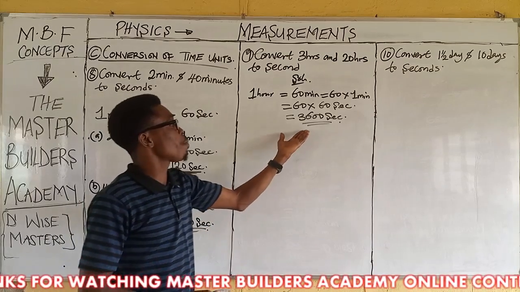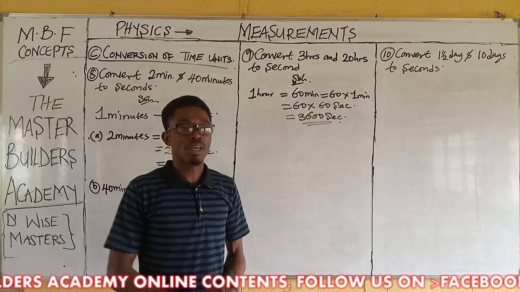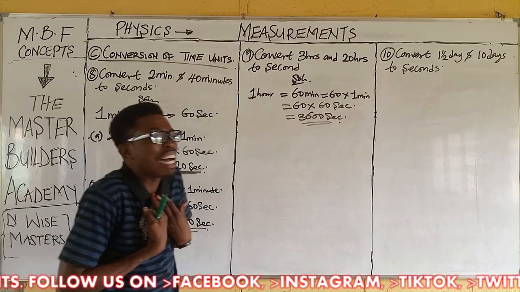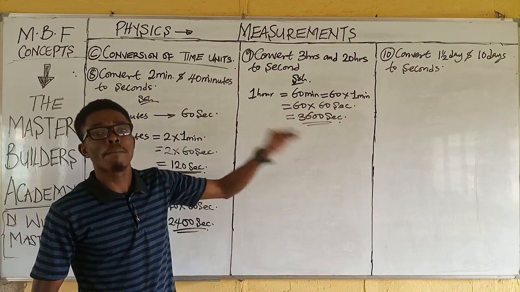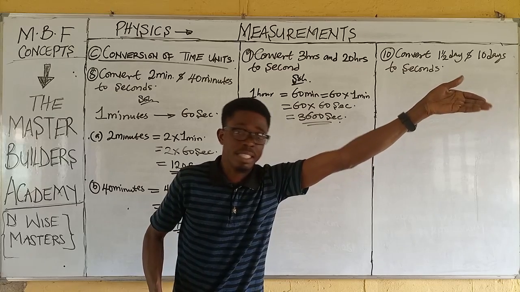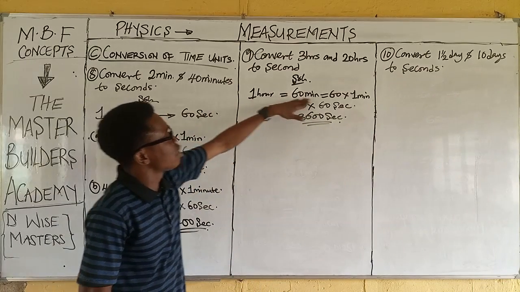So you can choose to memorize these values or break it down the same way we just did. Anytime you are converting from hours to seconds, all you simply do is to multiply the given value by 3,600.